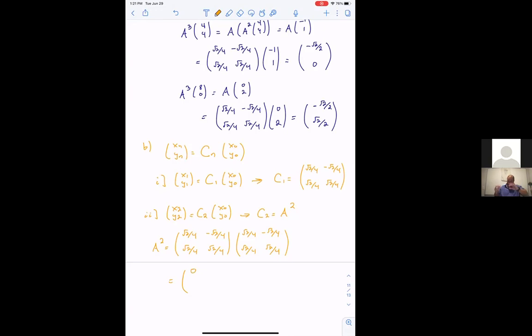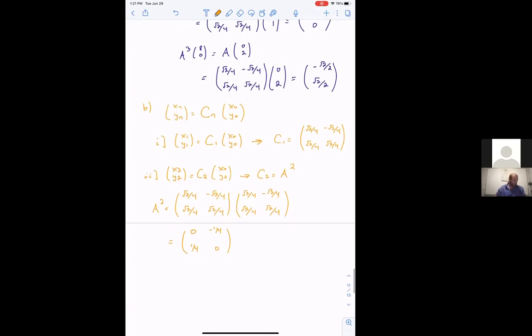The next one is minus 1/4. The next one is positive 1/4. And the one beneath that is 0 again. So C2 is just 0, negative 1/4, 1/4, 0, which does make sense because that's a 90-degree rotation with a k factor of 1/2. So 1/2, 1/2, it shrinks by 1/4 and rotates 90 degrees at the same time.